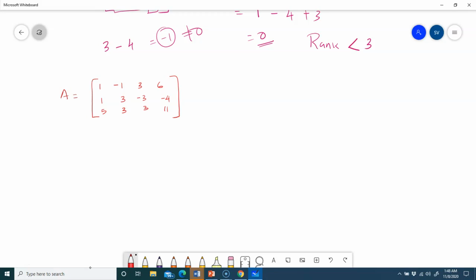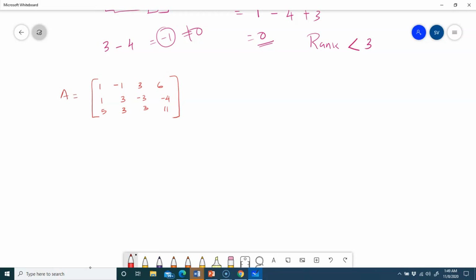Basically, we are trying to make the main diagonal elements 1s and the remaining elements 0s, after a set of elementary row or column operations, until a minor matrix with determinant not equal to 0 pops up, and the order of that minor matrix will be the rank of this matrix.